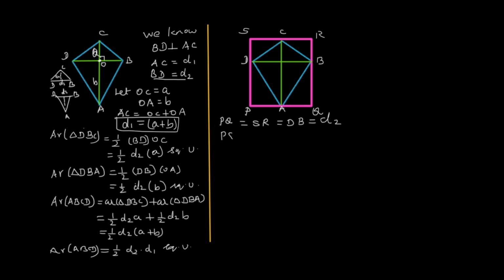Then PS equals QR equals the diagonal AC, which is D1. So the length of the rectangle is D1 and the breadth of the rectangle is D2. So the area of rectangle PQRS is equal to D1 into D2 square units.